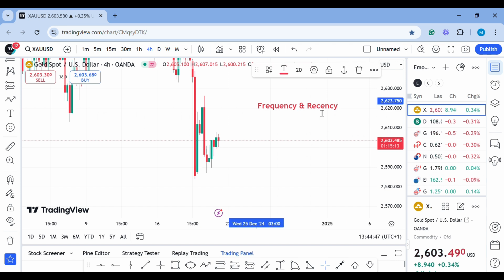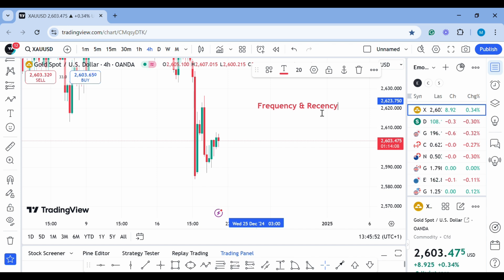So it's how frequent the zone has happened and how recent the zone is. And on this zone, we also have what we call the reversal pattern and the continuation pattern. The reversal pattern and the continuation pattern, I'll show you guys in this class.